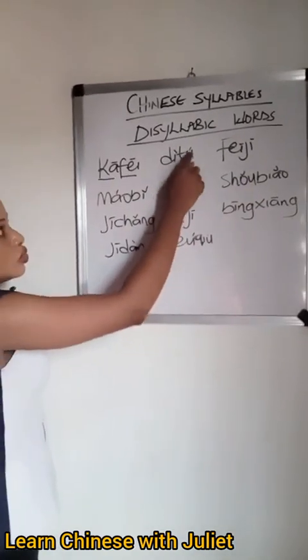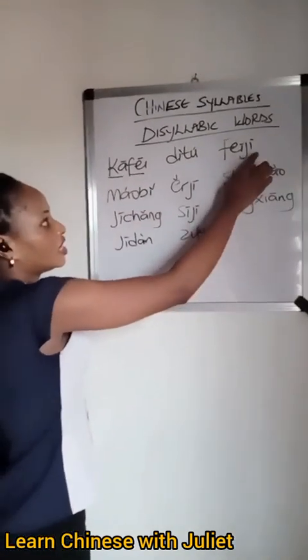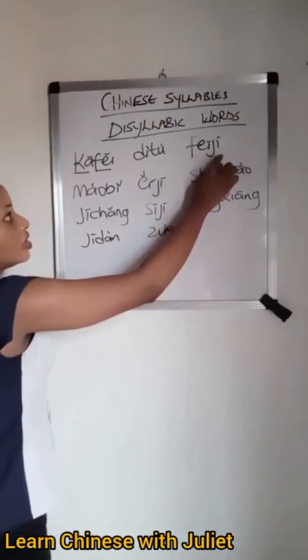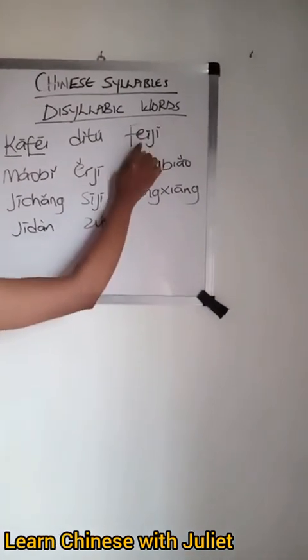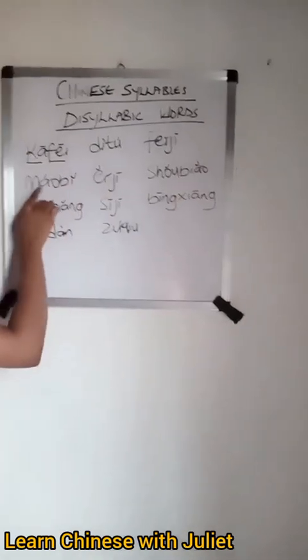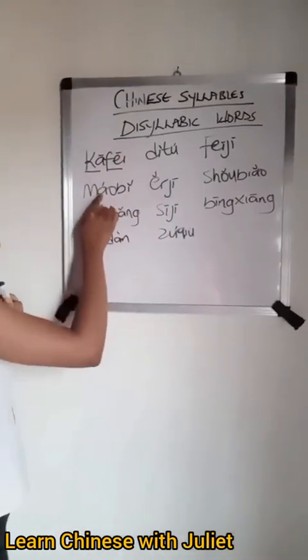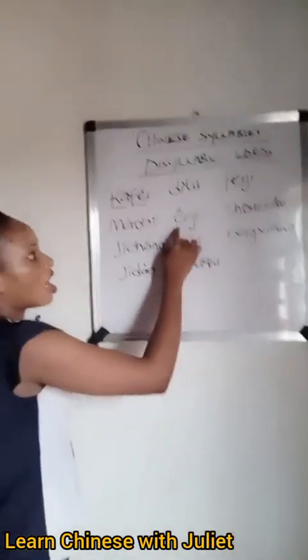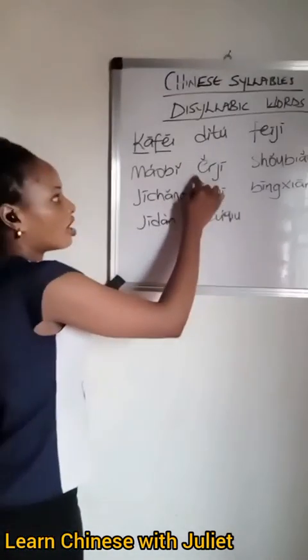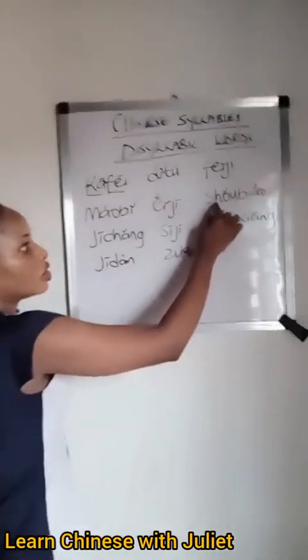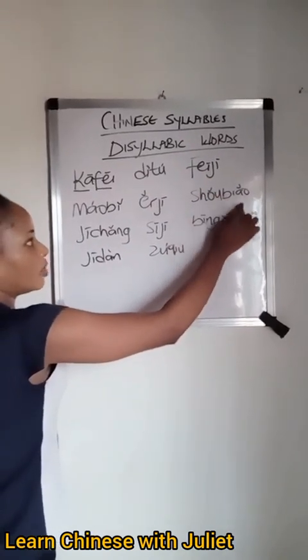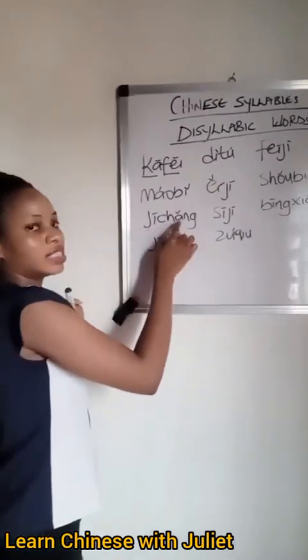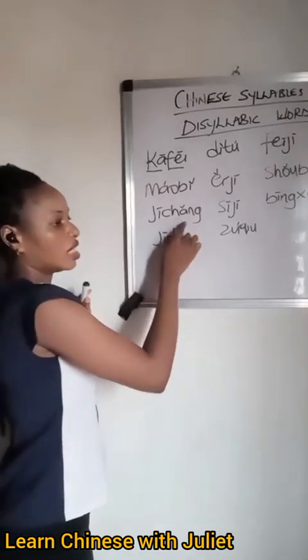Now let's continue. This is ditu. This is feiji. Feiji must have, remember, an initial and a final and then a tone. Two syllables. Feiji. Maobi. Maobi. Erji. Erji. Shoubiao. Shoubiao. Jichang. Jichang.